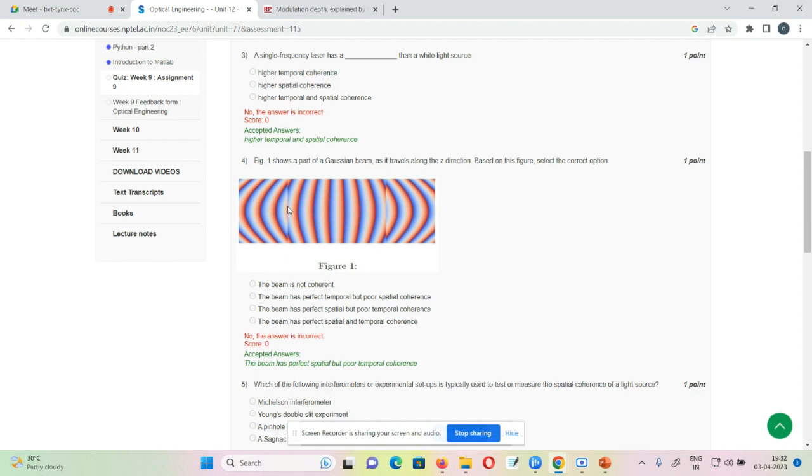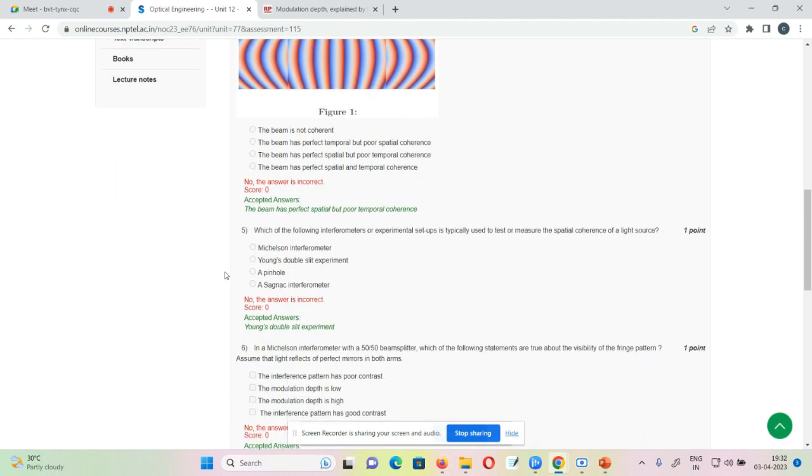This hinders giving any information about the phase. So after some distance a sudden phase change is happening. So you can say that this will have a low temporal coherence. Any doubt? No, sir.